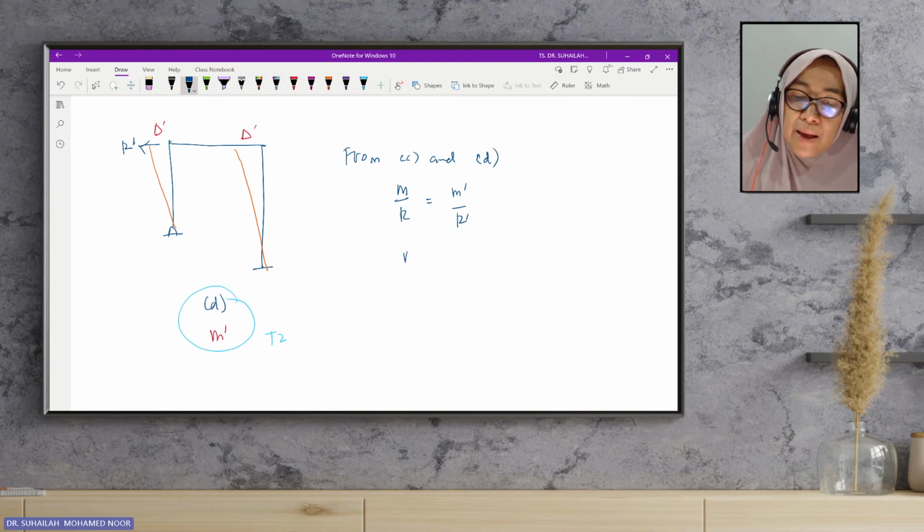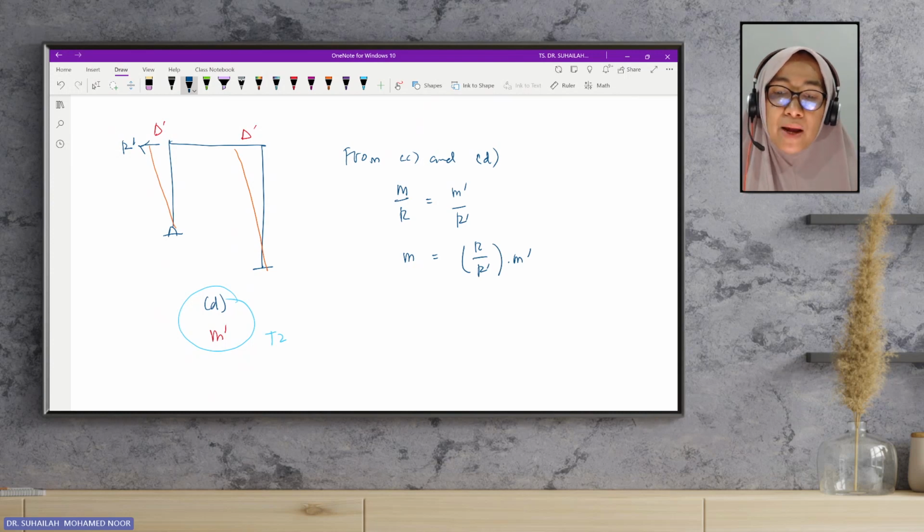So M is equal to R over R prime together times M prime.